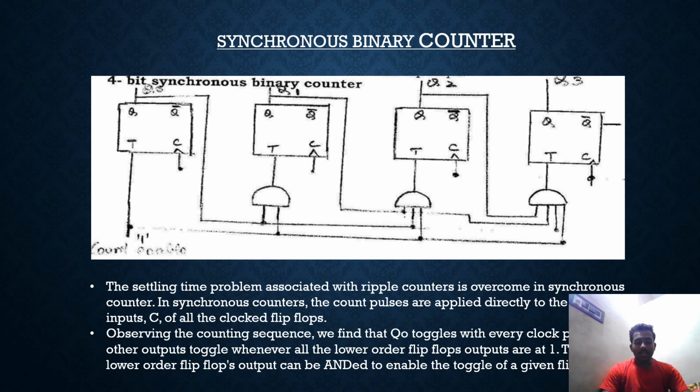Observing the counting sequence, we find Q0 toggles with every clock pulse. Any other output toggles whenever all the lower order flip-flop outputs are 1, thus all lower flip-flop outputs can be ANDed to enable the toggle of the given flip-flop.